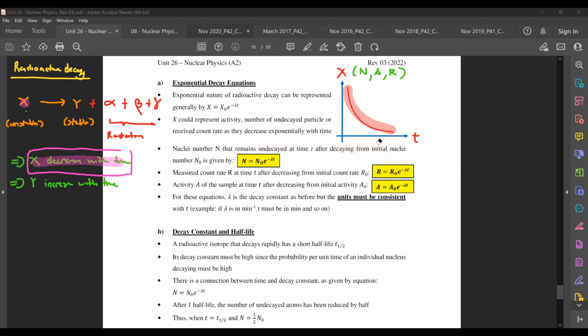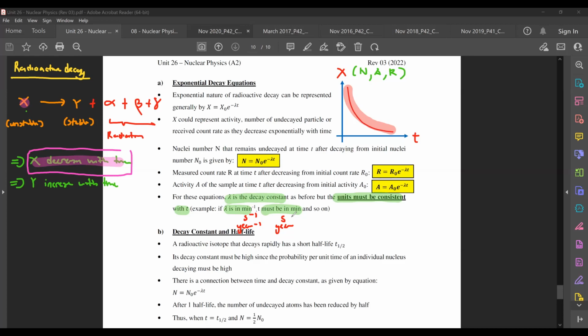Now, when you do your calculations using these given equations, please make sure that the units you use for lambda and t are consistent. Lambda is the decay constant as before, but it must be consistent with t. For example, if lambda is in per minute, t must be in minutes. If lambda is in per second, t must be in seconds. If lambda is per year, then t must be in years.